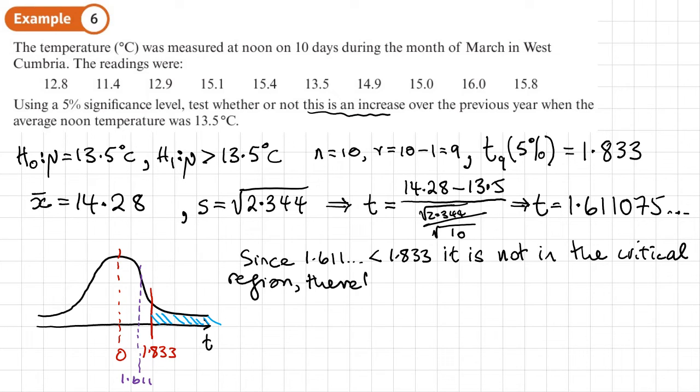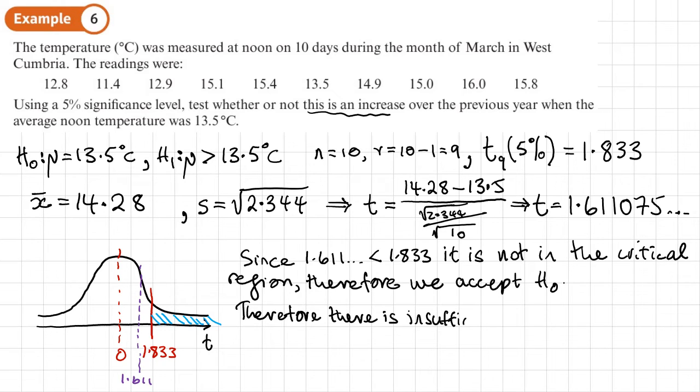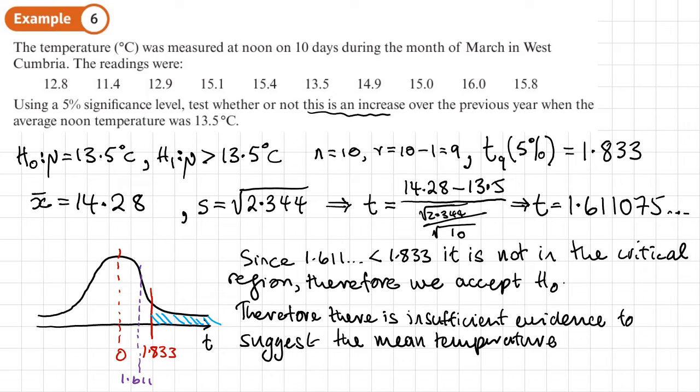Therefore, we accept H0, or we fail to reject H0. And then, therefore, there is insufficient evidence, or not enough evidence to suggest the mean temperature has increased.